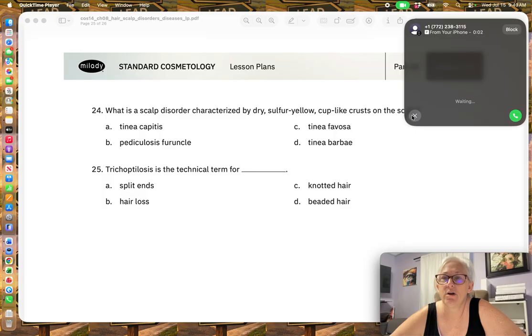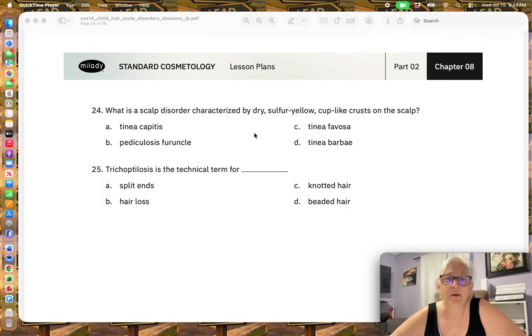Number 24. What is a scalp disorder characterized by dry, sulfur yellow, cup-like crusts on the scalp? Tinea capitis, pediculosis, furuncle, tinea favosa, or tinea barbae. I can eliminate some of these. The dry sulfur yellow cup-like crust on the scalp is kind of your big clue, right? So barbae has to do with the beard. Tinea capitis is just dandruff.